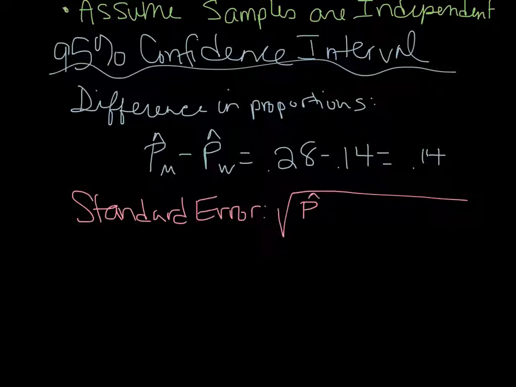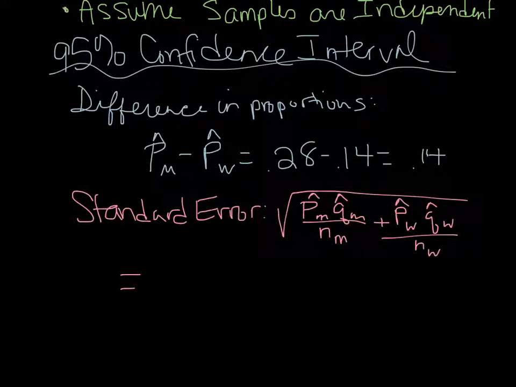So you're going to do your P hat of your men times your Q hat of your men over your sample size of men, plus the same thing with the women. And all you're really doing on this part is putting in all the numbers that you have in the beginning. That's why I think it's always a good idea to write it out in the beginning so that when you get to this, you just need to plug them in.